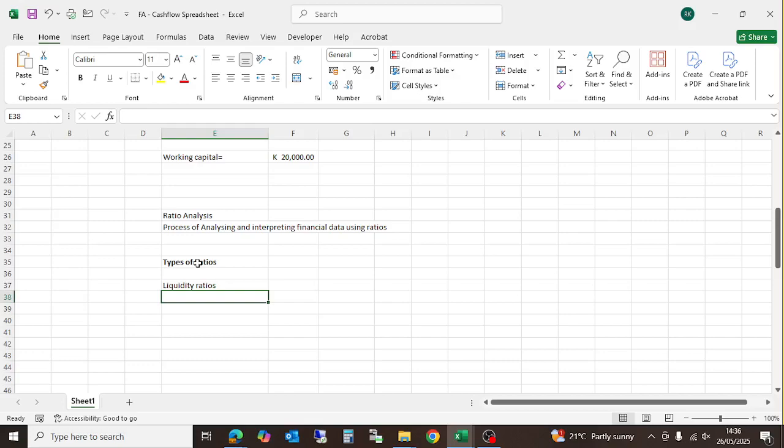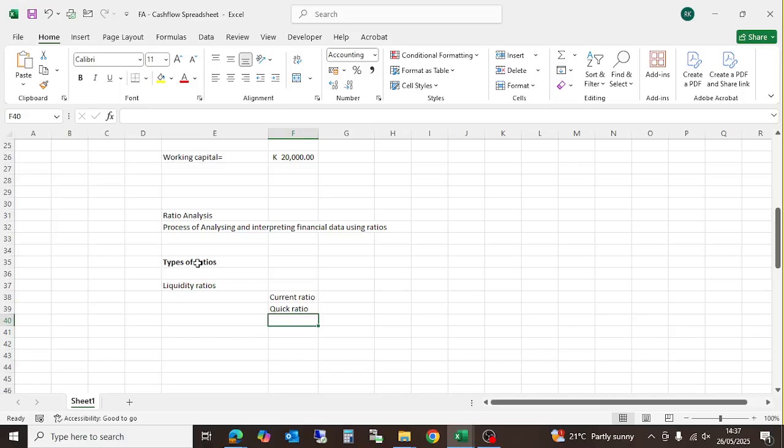Examples of liquidity ratios, we'll find things like the current ratio. You've heard of the current ratio. We'll find the current ratio and the quick ratio. So these two are the liquidity ratios.